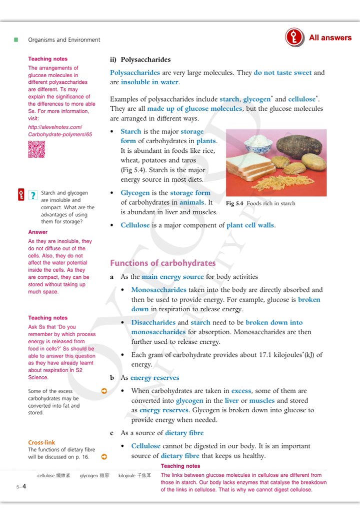Each gram of carbohydrate provides about 17.1 kilojoules of energy. Carbohydrates also serve as energy reserves, where excess carbohydrates are stored as glycogen in the liver and muscles or converted into fat.